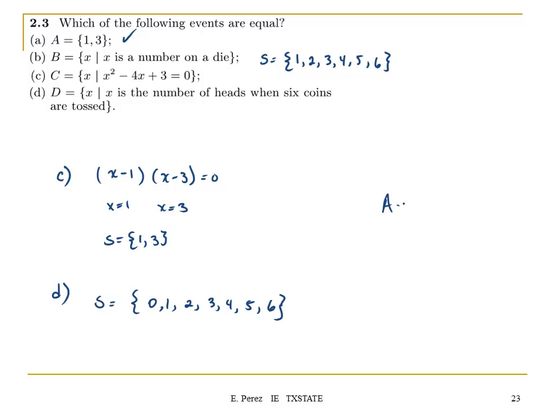The answer is A equals B. Oh, oops. A equals C. Because this set and this set are equal. Set A and set C are the same. Let's look at the next problem. Can I move to the next problem? Okay.